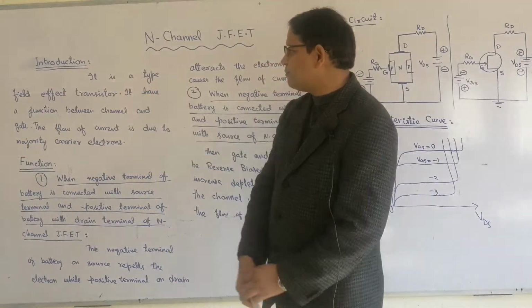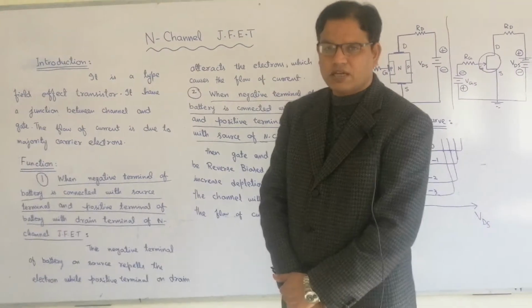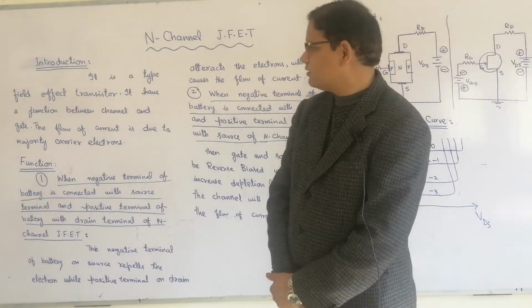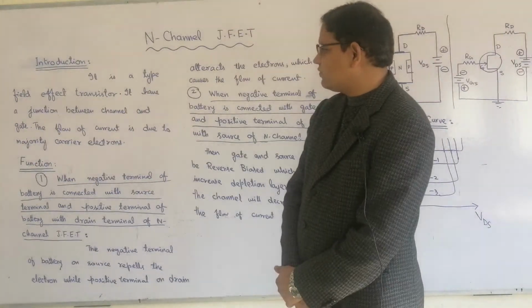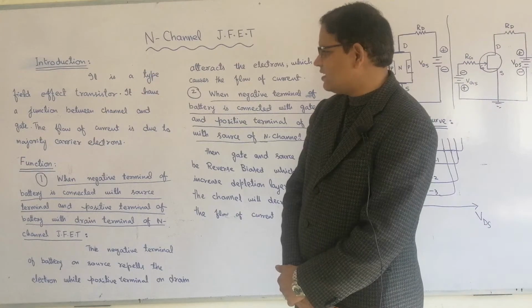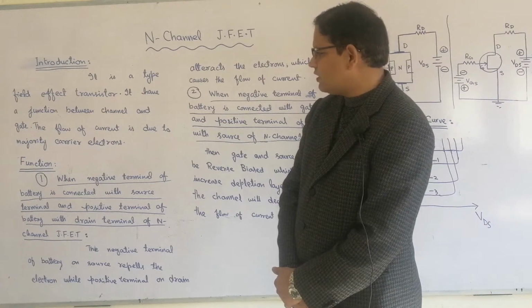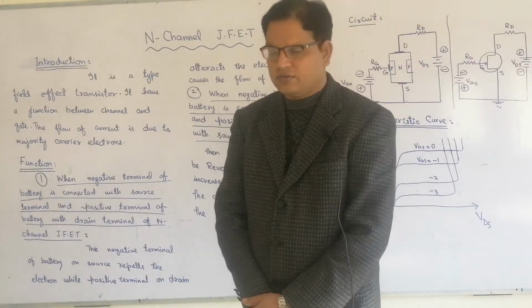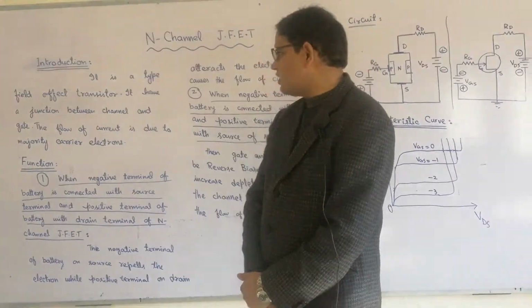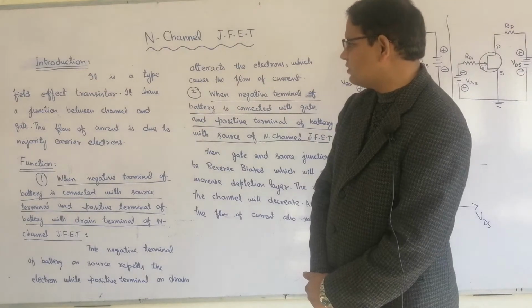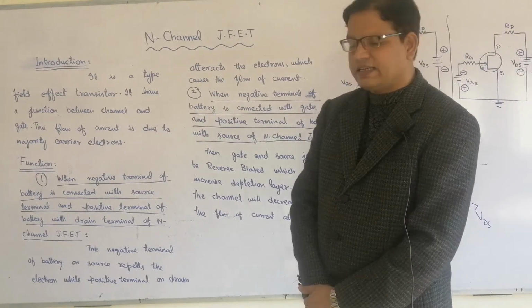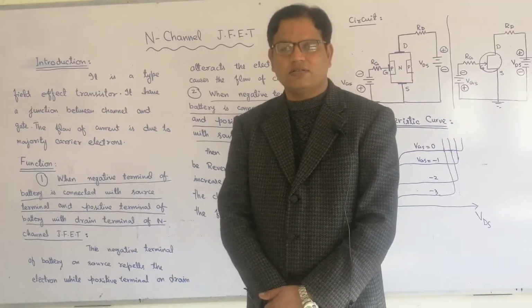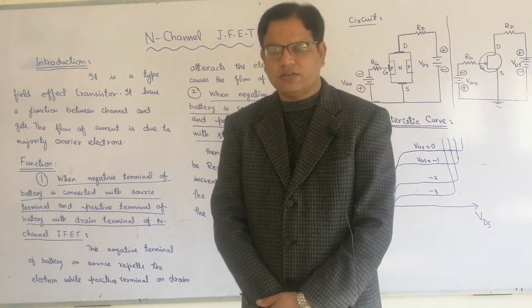N-channel junction field effect transistors introduction is here. It is a type of field effect transistor. It has a junction between channel and gate. The flow of current is due to majority carrier electrons. Simple thing: the junction between channel and gate is called an N-channel junction field effect transistor.